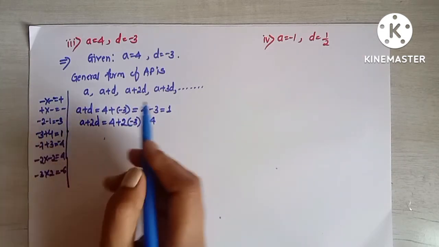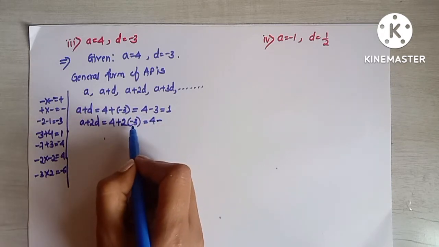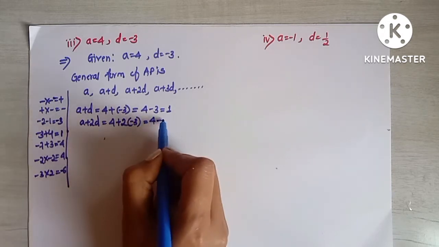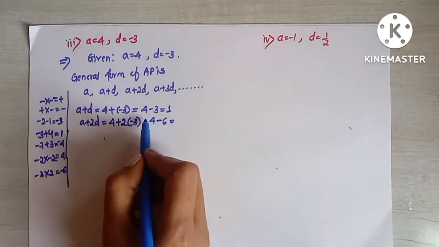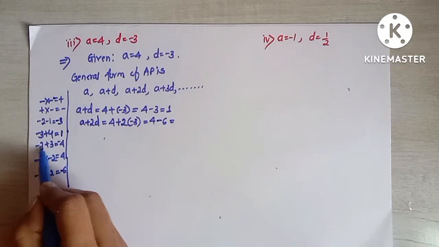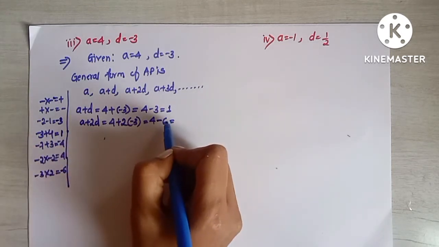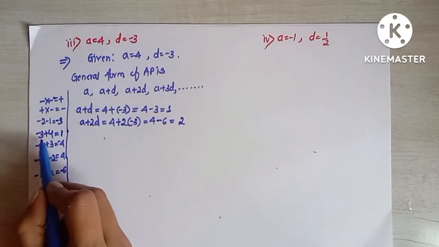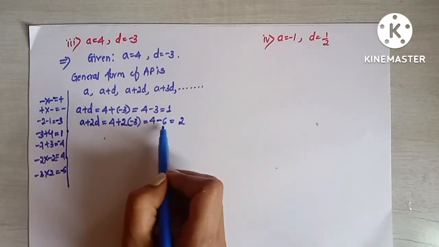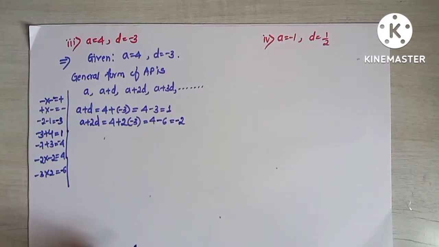It is minus. 3 2s are 6. So here we have plus and minus, therefore we have to subtract. So 6 minus 4 is 2. But we have to put the sign of the bigger number. Here the bigger number is 6, therefore it is minus. Okay.